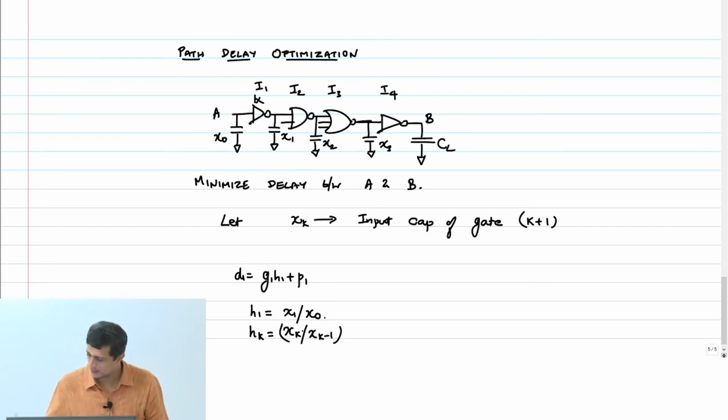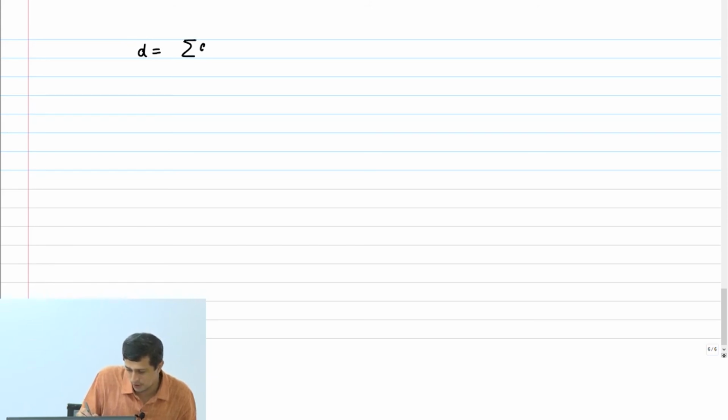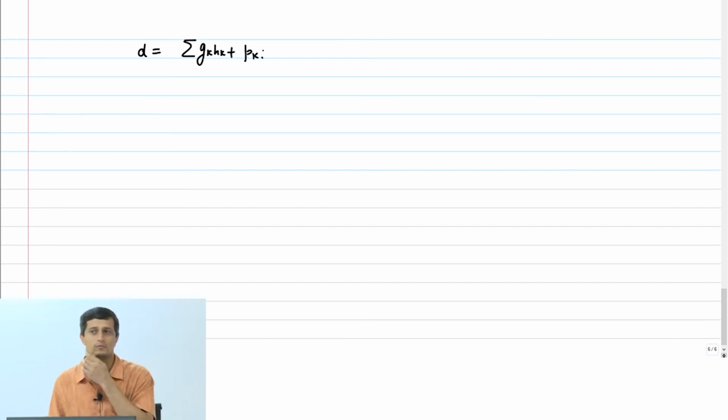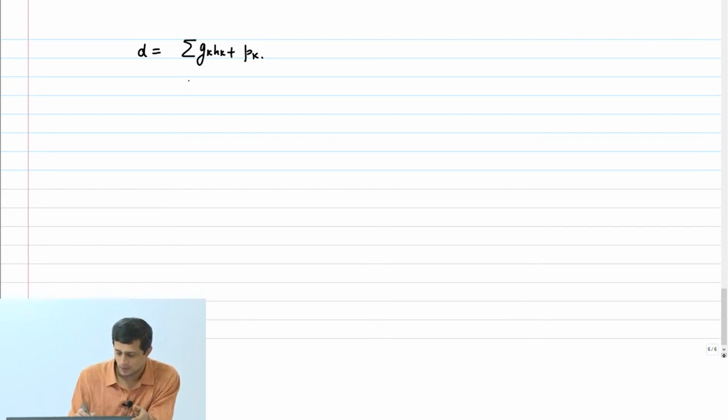Okay? So now what do I want to do? I want to find the following. The net delay is summation Gk Hk plus Pk. So I will write this out as summation Gk Hk plus summation Pk.